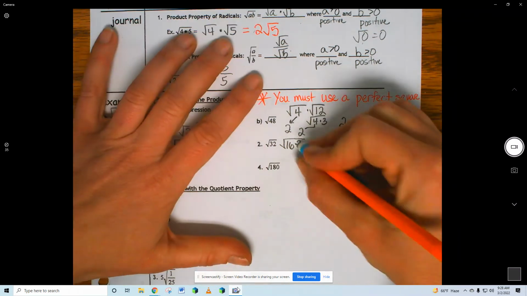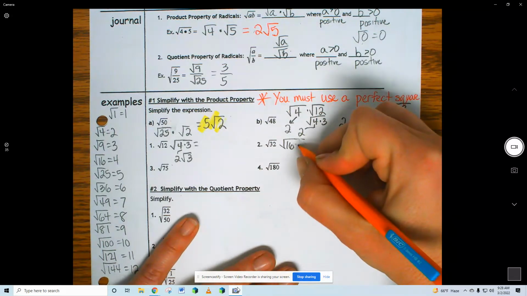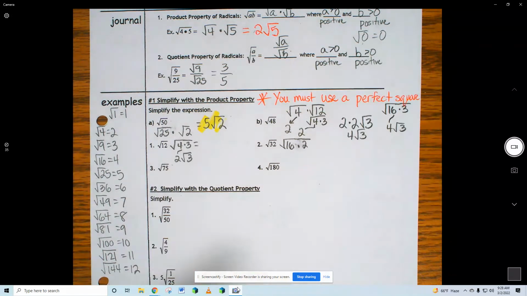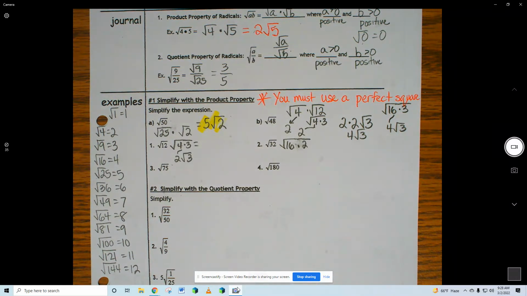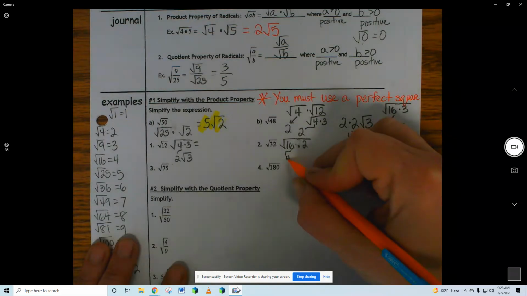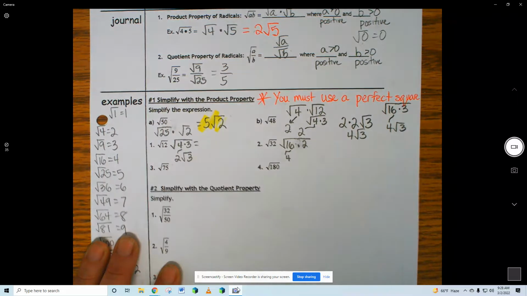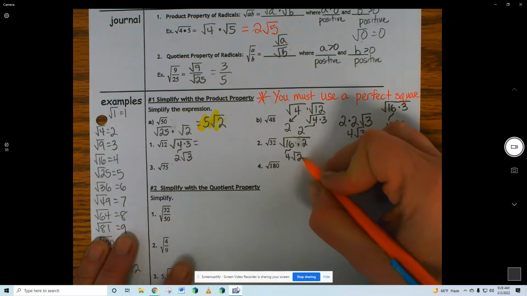Way too cramped in there. Take out the perfect square. The 16 is the perfect square. Square root of 16 is what? 4. So that comes out as a 4. But what about the radical 2? Stays. I can't do a thing with it. 4 rad 2.